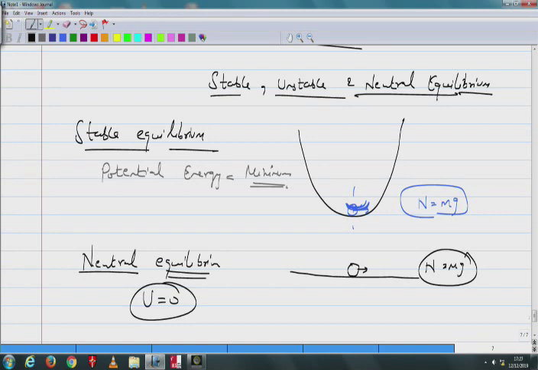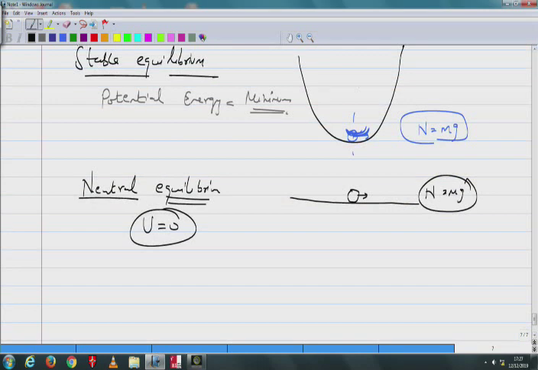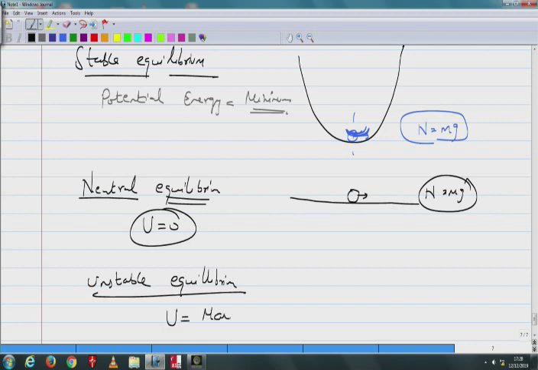And finally we have unstable equilibrium. Now what is unstable equilibrium? Potential energy here is maximum. If you have maximum potential energy, then that will be unstable equilibrium.